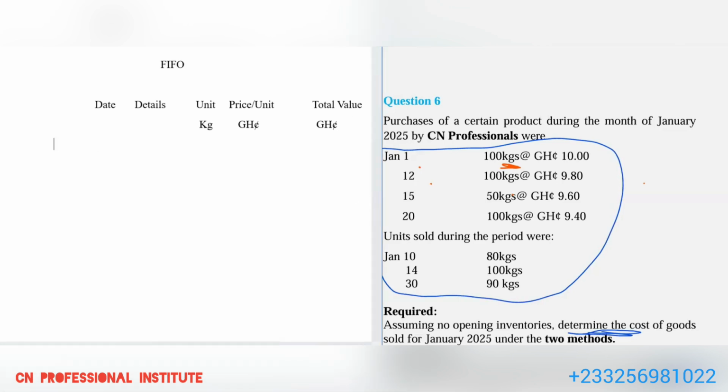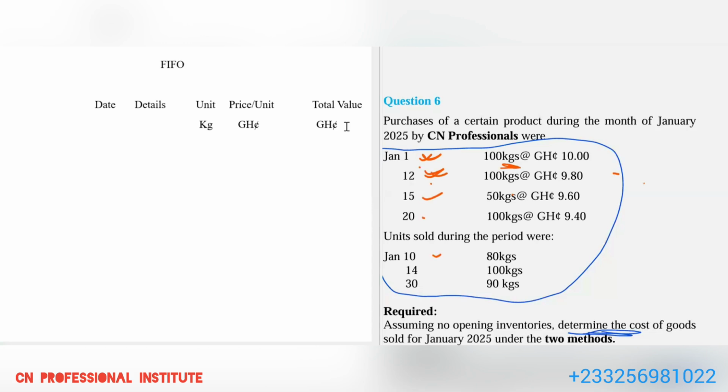So we have the date of purchase here. If you come back here, the first purchase was in January. The first one was January 1st, then January 12, January 15, January 20.